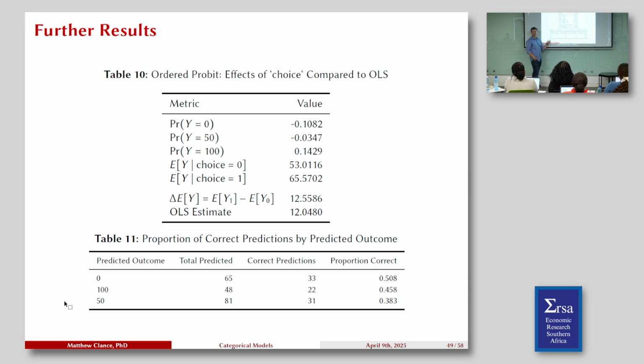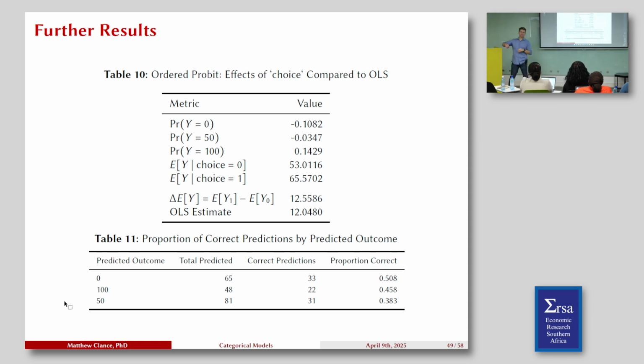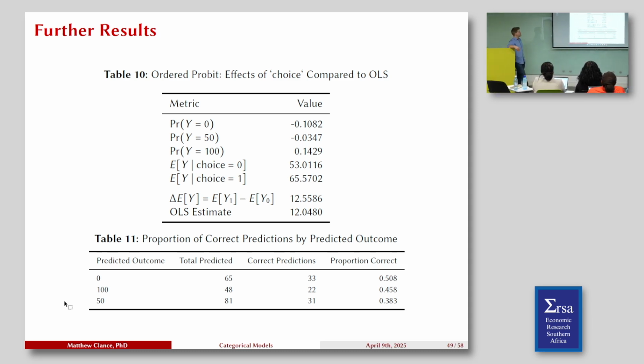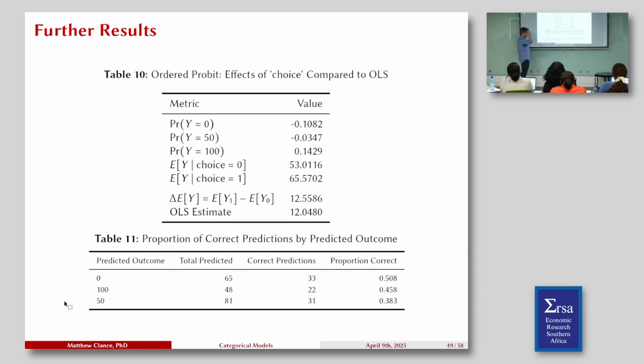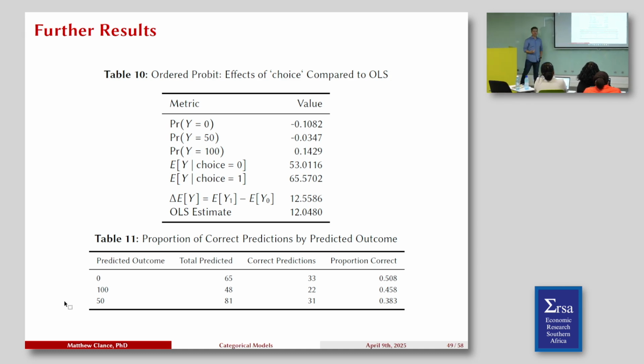Usually we put 0, 50, and 100, so I've got to check that's right. But basically, these would be the proportion correctly predicted. So how well did my model do in predicting their probability of being in that bin versus actually being in that bin? How well did I do? Once I have that, I have very similar ways of looking at how well my model predicted this.